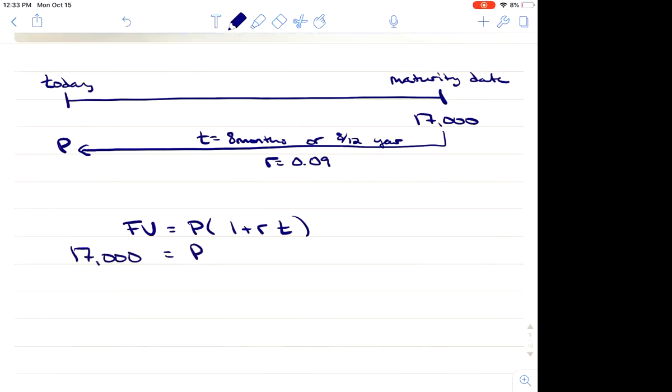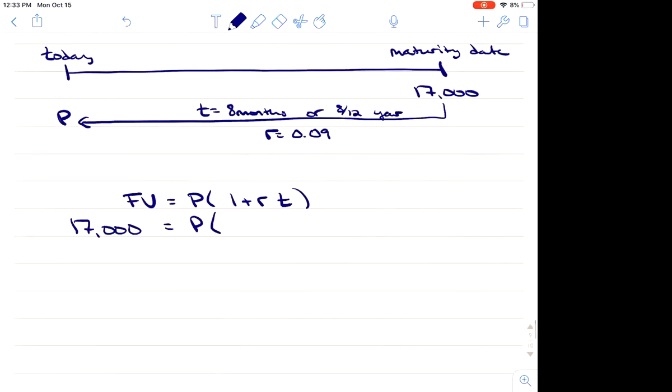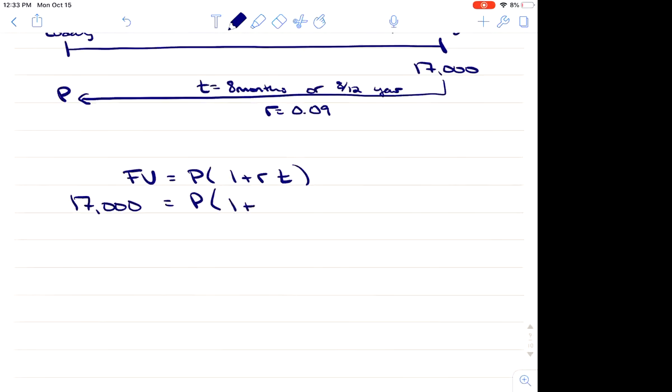We're trying to solve for P times 1 plus R, which is 0.09, times T, which must be 8 divided by 12. So we have to deal with the 8 divided by 12 times 0.09 first before we can add it to 1, and then divide it over to the other side. Or if you want to take all that divided over and then simplify, that's fine too.